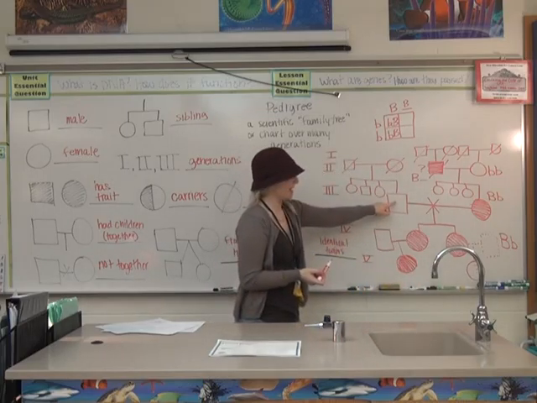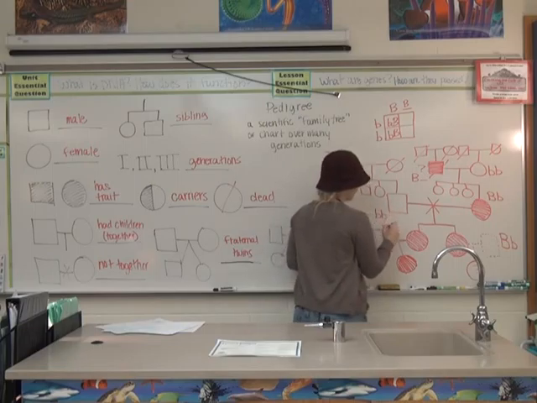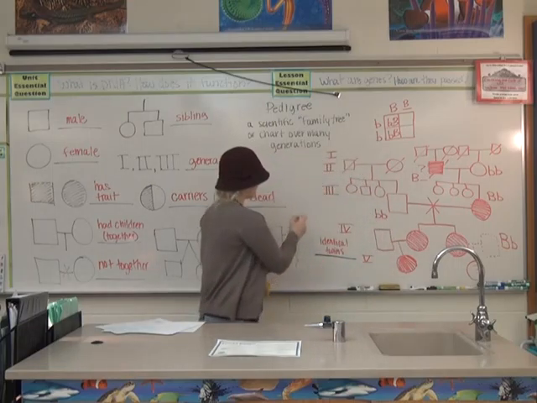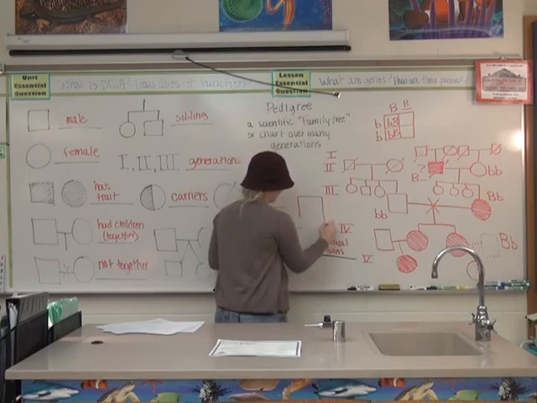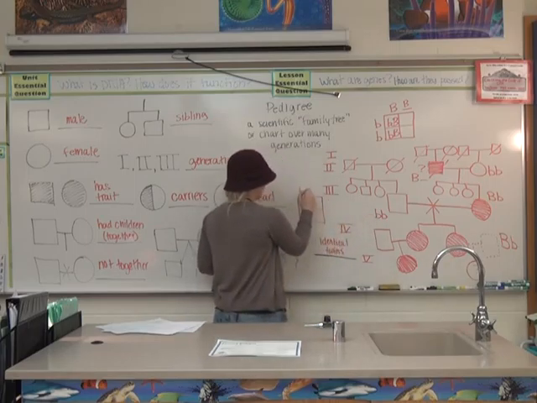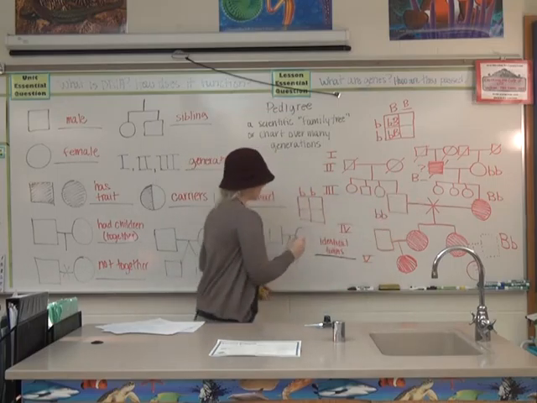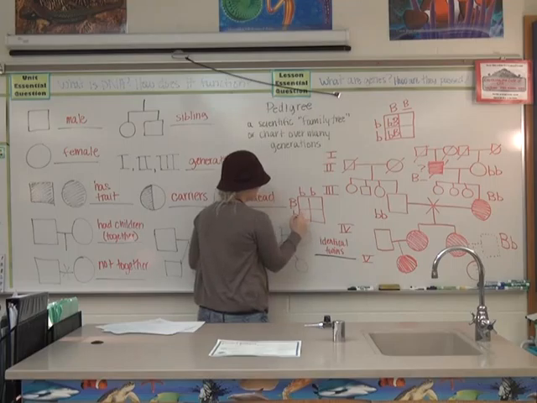Because my dad doesn't have brown eyes, we know that he's going to be lowercase b, lowercase b. So now if we make a Punnett square for my parents, we can see that dad at the top is going to have lowercase b, lowercase b, and we know that mom is going to be capital B, lowercase b.